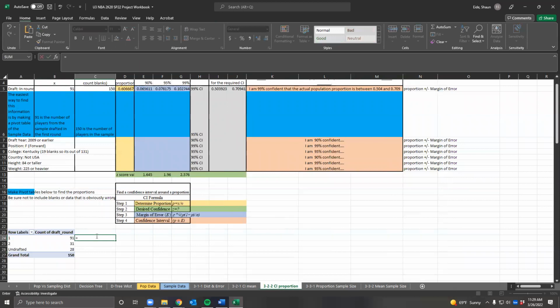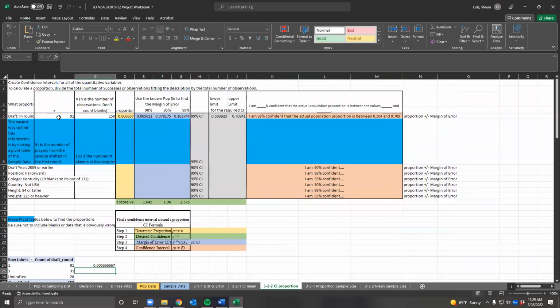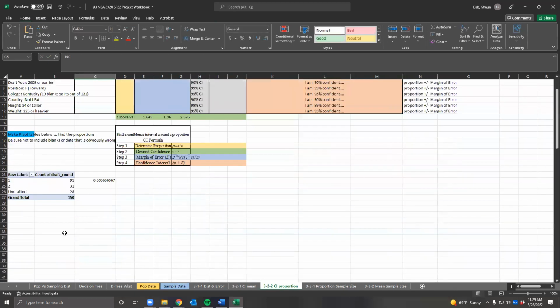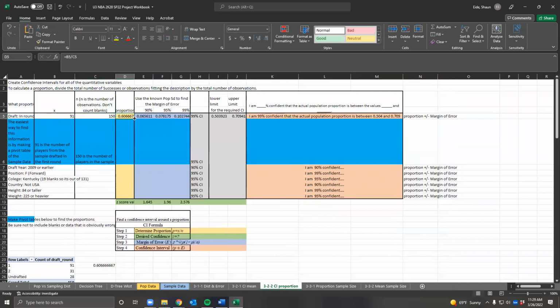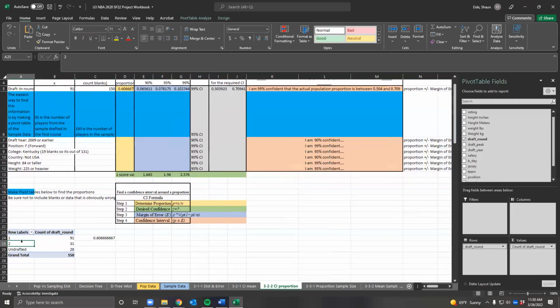And so we do equals the number drafted in round one divided by the total. Once again, 91 out of 150, and that gives you the proportion of 0.606667.